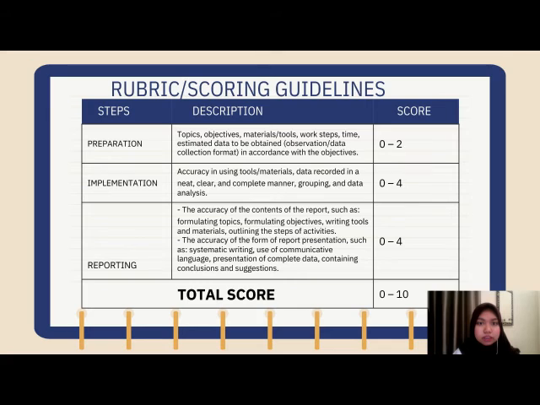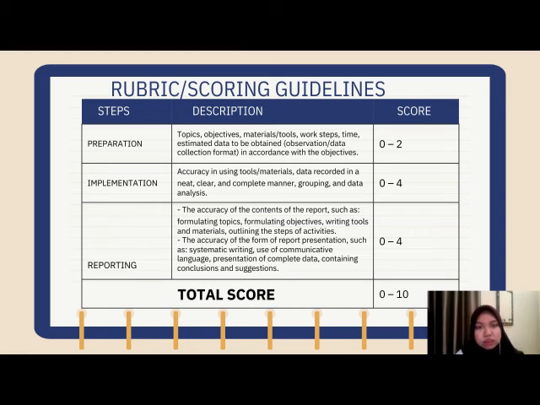Next. Okay, next we have the rubric or scoring guidelines. There are three steps: preparation, implementation, and reporting. First, the preparation consists of topics, objective, material or tools, work steps, time, estimated data to be obtained, such as observation or data collection format in accordance with the objective, from score 0 to 2.